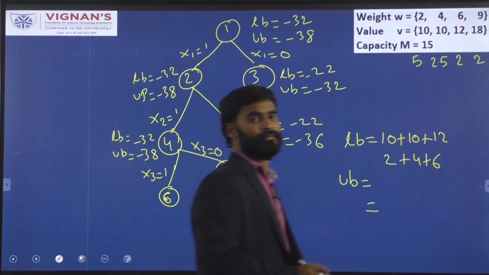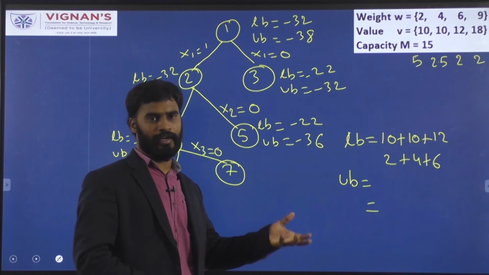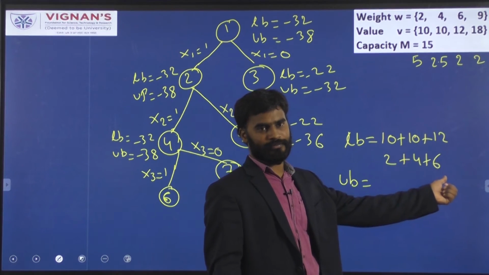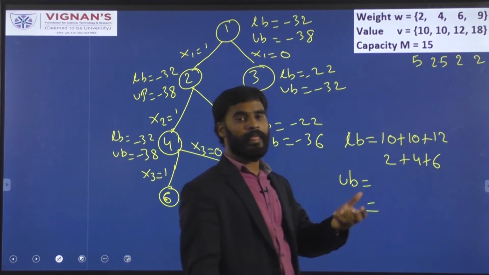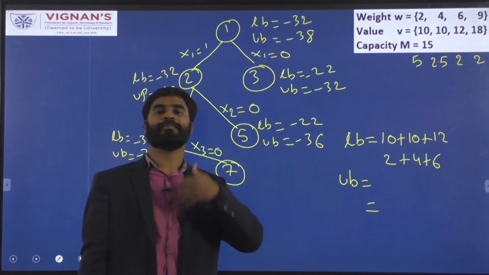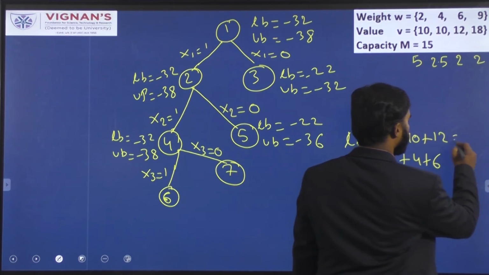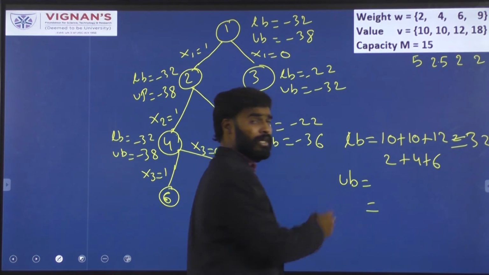Can we include the 4th item? So far we added 3 items. It depends on the weight. So far we added 12 kilos of weight. If we add the 4th item, the weight will become 21, which is beyond the capacity of the knapsack, so don't include it. So it is 32. What is the upper bound?